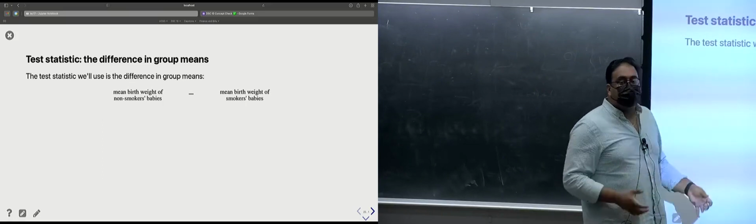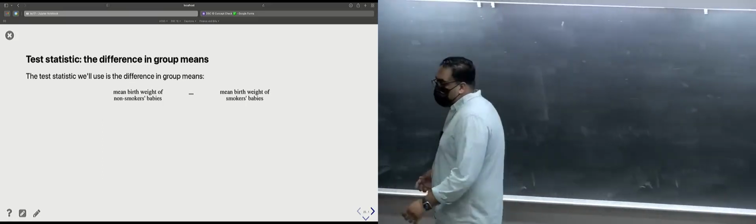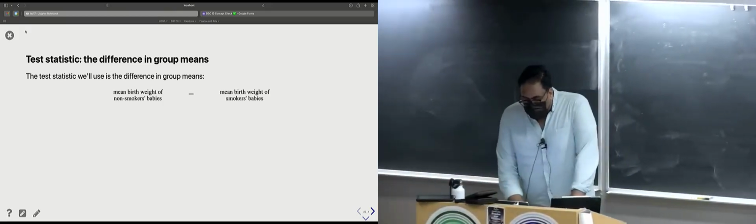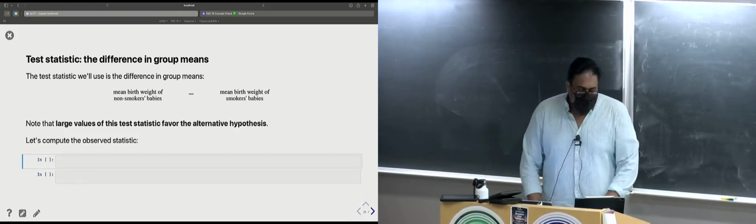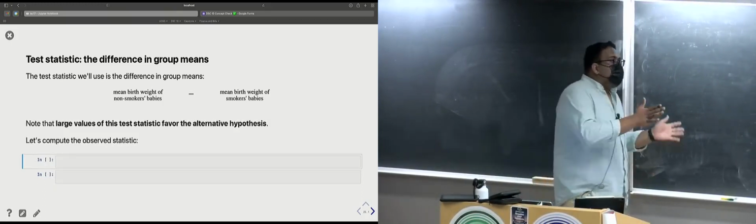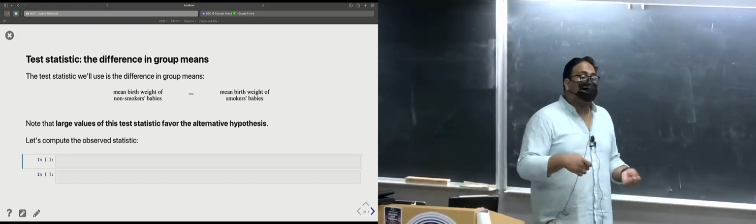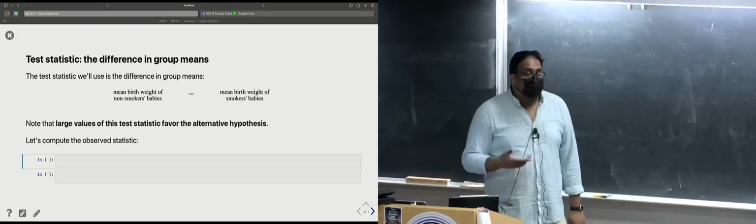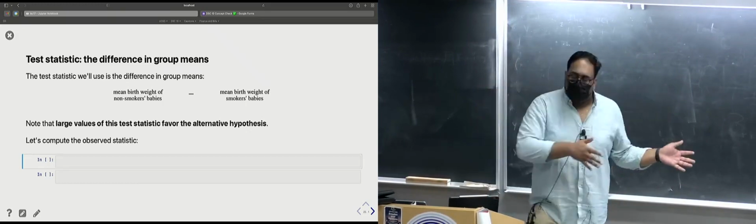So we suspect that non-smoking babies weigh more on average than smoking babies. So this will be big number minus smaller number, and that'll be positive. And so along those lines, the bigger this test statistic is, the more we have evidence for the alternative hypothesis, right? Because remember, the alternative hypothesis was the non-smoking babies are heavier.